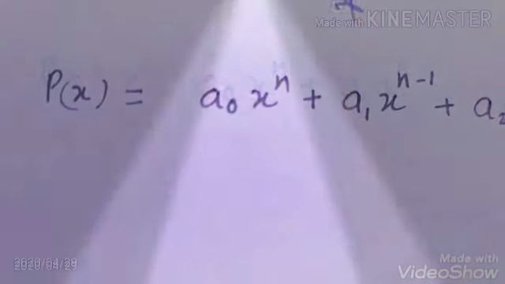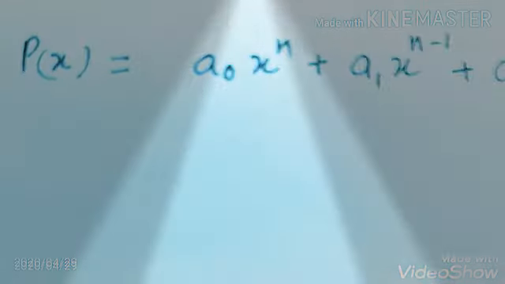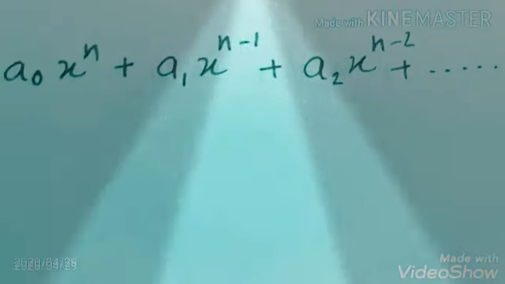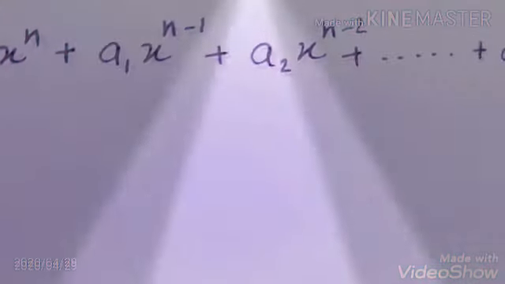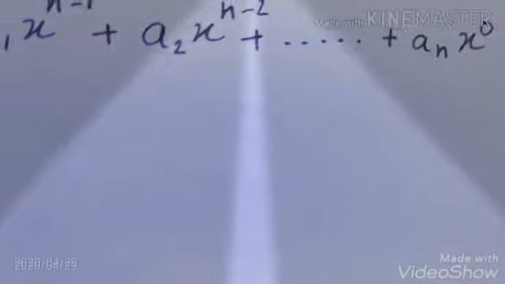We know that the standard form of polynomial P(x) is a0 x raised to the power n plus a1 x raised to the power n minus 1 plus a2 x raised to the power n minus 2, and in this way the exponent over x decreases one by one, and similarly up to n terms there is an, so an into x raised to the power 0.